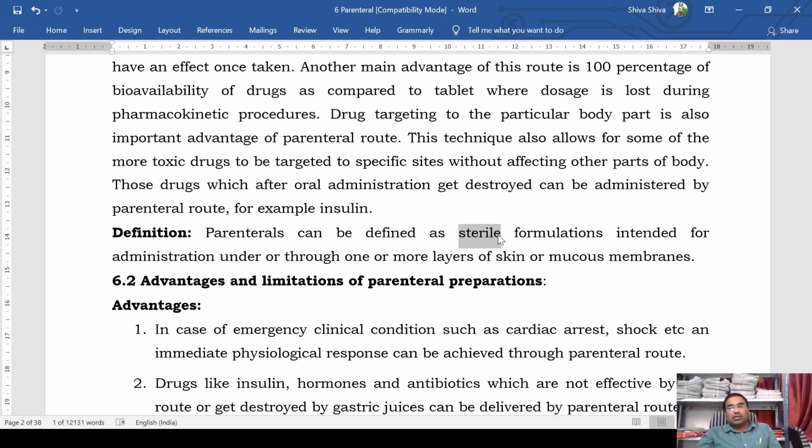Then such products can be called sterile products, intended for administration under or through one or more layers of skin or mucous membrane. And these sterile formulations are administered inside the body or inside the systemic circulation through the layers of skin or mucosal membrane.